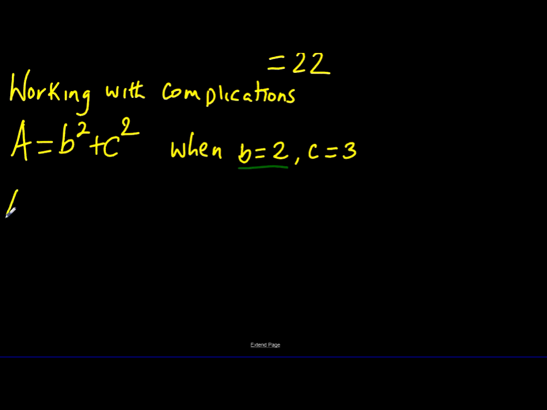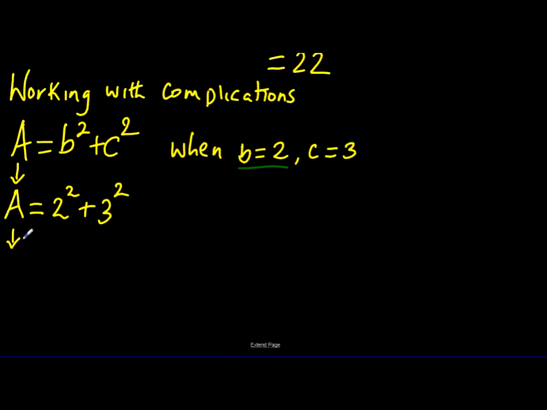So we have, if we bring this down, a equals 2 squared, because we have b equals 2, plus 3 squared.